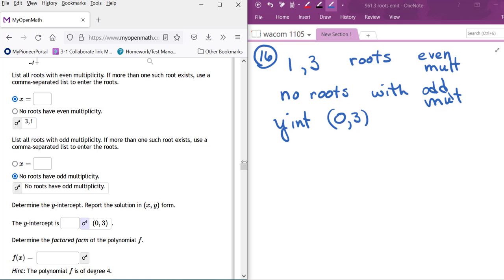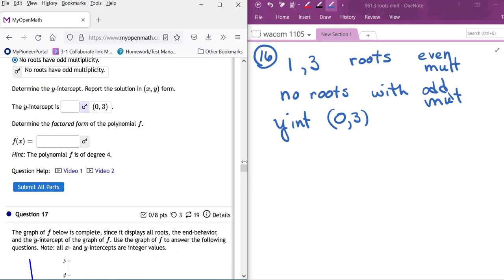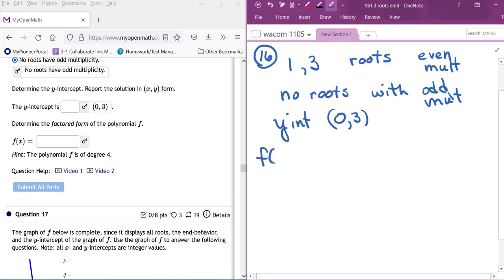And then they ask us to determine the factored form of the polynomial. And here they give us a hint that the degree is 4. So these are going to be factors of multiplicity 2 each. So we're going to have f of x equals, now they did not tell us the leading coefficient on this one, so it's going to be a.